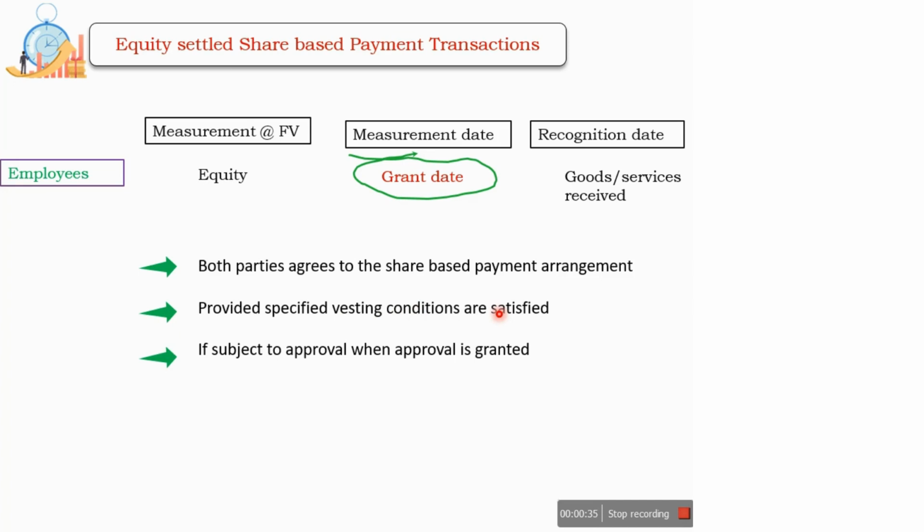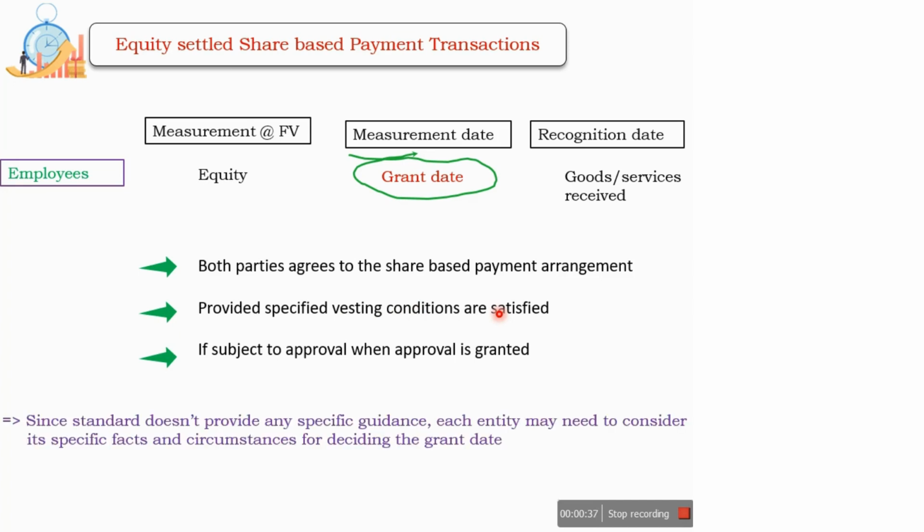There are no specific guidelines in Ind AS 102 to define the grant date, so each entity may need to consider its specific facts and circumstances for deciding the grant date.